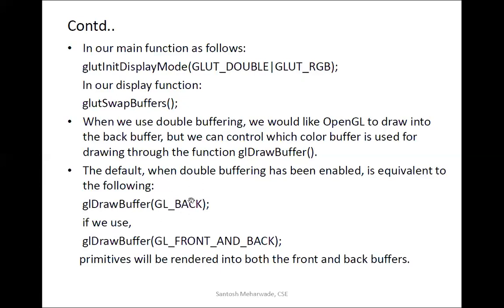It means by default GL back always draws the object. But if you want some other buffer to do the drawing, then you can overcome that just by calling the function glDrawBuffer, and you can specify that you want both front and back buffer to do the drawing operations. So it is also possible.